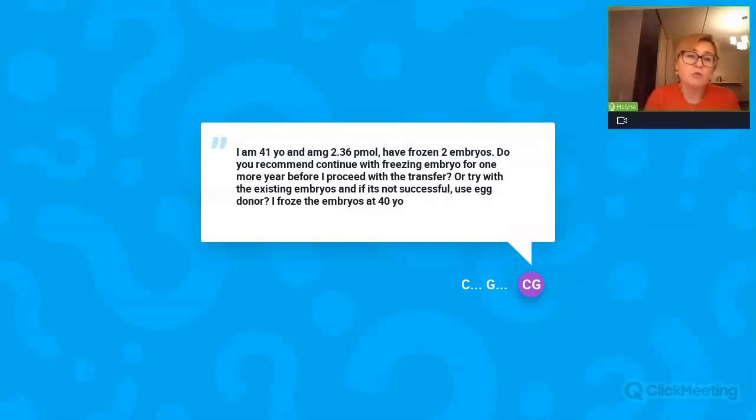But if you try to do the same at 43, 44 years old, this probability will decrease dramatically. So if you have the possibility to freeze an extra 2-3 embryos, it will be a good idea.